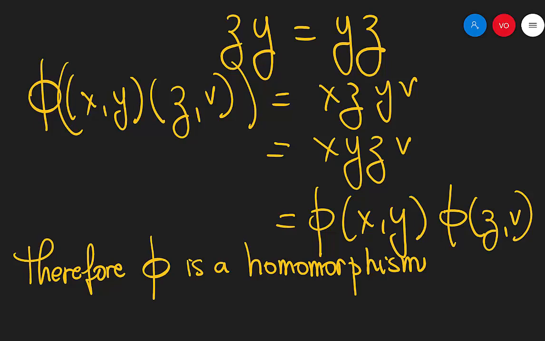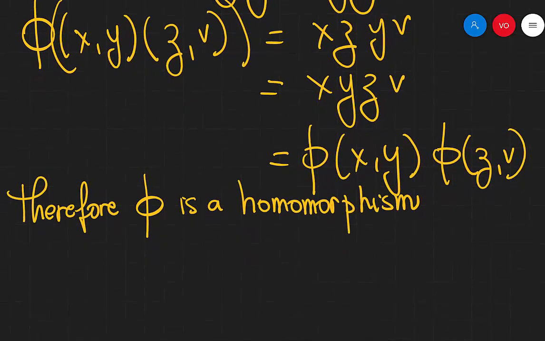Now, we claim that the map is an isomorphism, so we need to show injectivity and surjectivity, right? To show injectivity, let's look at the kernel. We just need to prove that the kernel is trivial.